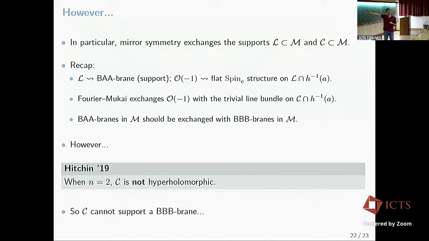It becomes hyperholomorphic at the limit, at maximal. Actually, Nigel also proved that for maximal nodes, this is hyperholomorphic. And one way to see that is that you can think of this C in a different way. It's like a fixed point.